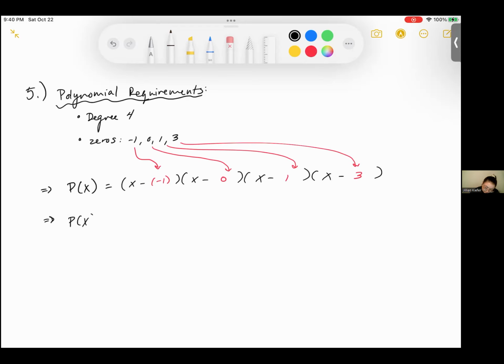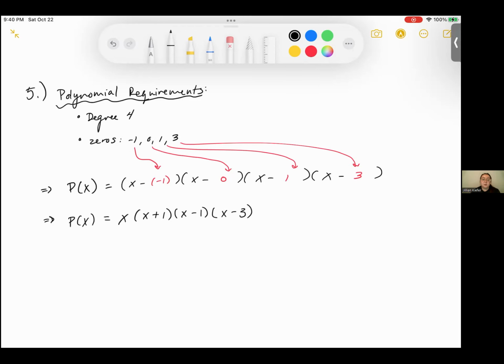All right. So we have all of those numbers placed down now. We simplify this a little bit. We get x minus a negative number and x minus 0. X minus 0 is really just x. I personally like to put a plain x just at the beginning. X minus -1 is really x plus 1. Then we have x minus 1 and x minus 3.